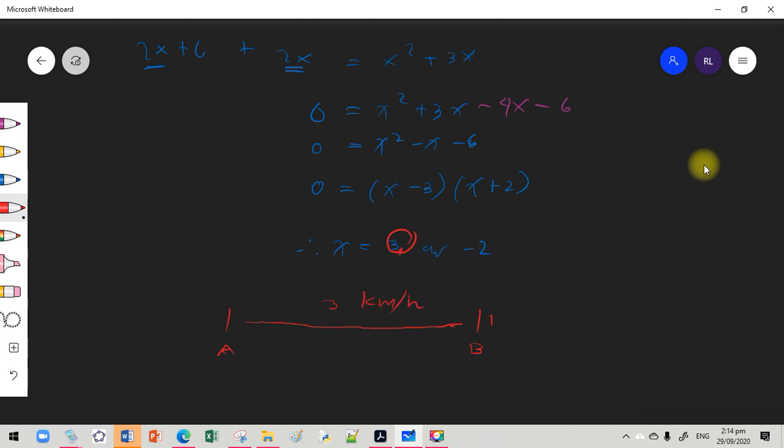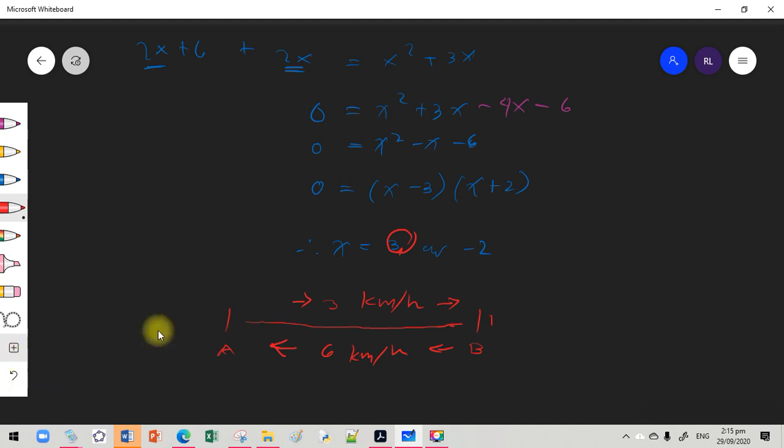From B to A, it's 3 more, so this becomes 6 kilometers per hour, the speed just doubles. So again, the speed on the first half of the journey is 3 kilometers per hour, and the speed on the second half of the journey is 6 kilometers per hour.